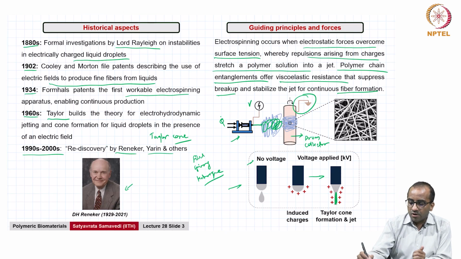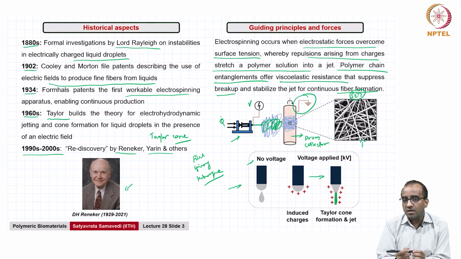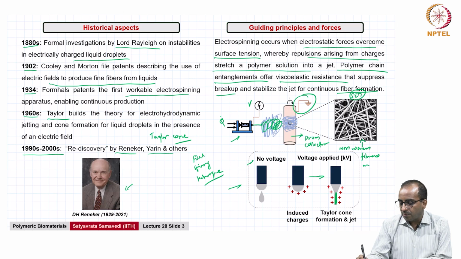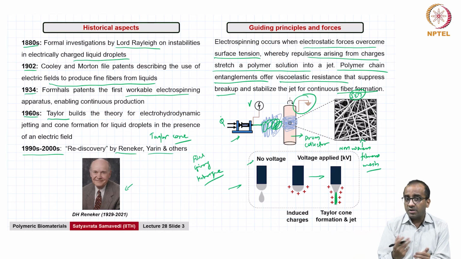And under electron microscopy, SEM, what you will see is a structure that looks like this. So it's what you would call a non-woven fibrous mesh.